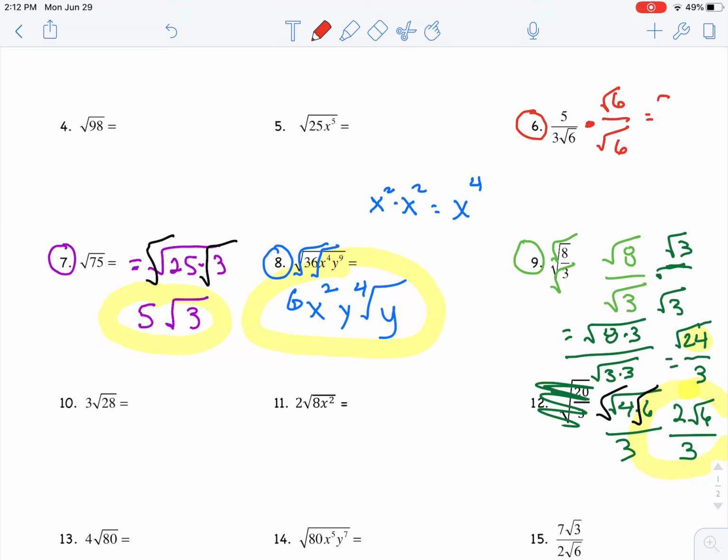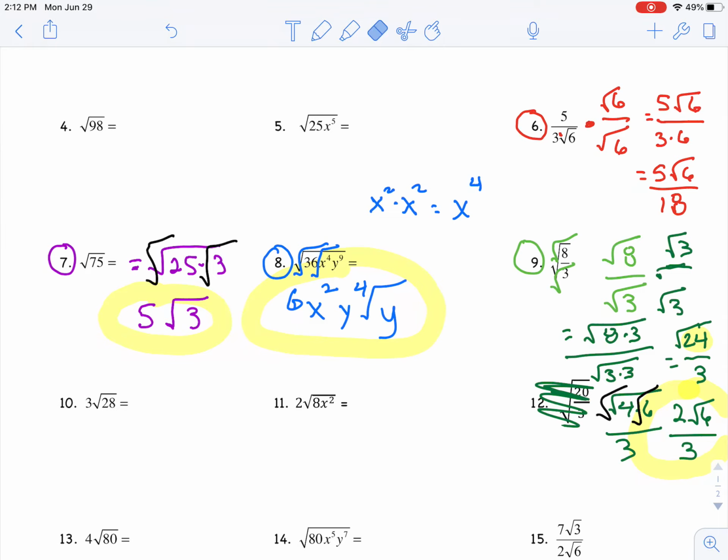And when I multiply that together, I would get 5 square root of 6 over, and then I have 3 times the square root of 6 times the square root of 6. Remember that's just the square root of 36, which is 6. So you end up with 3 times 6 underneath, which is going to give you 5 times the square root of 6 over 6 times 3, 18.